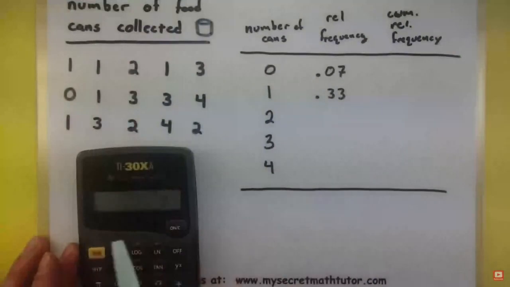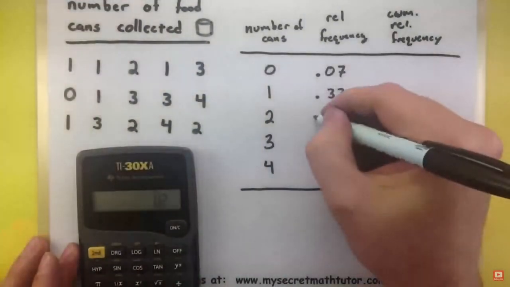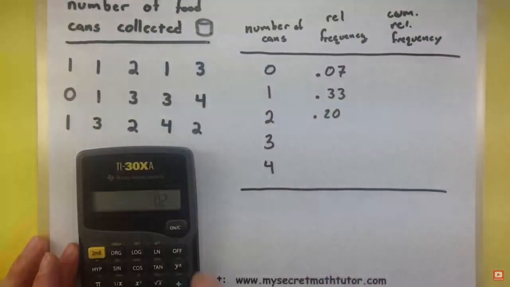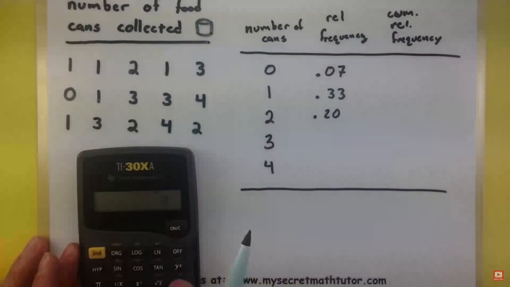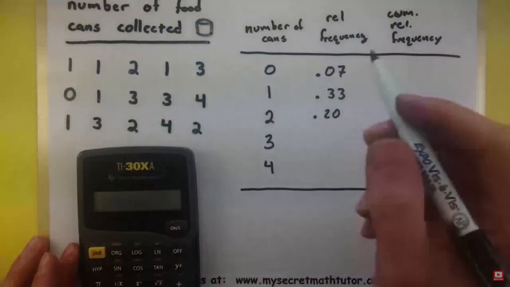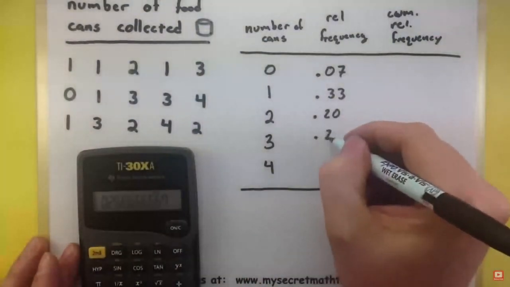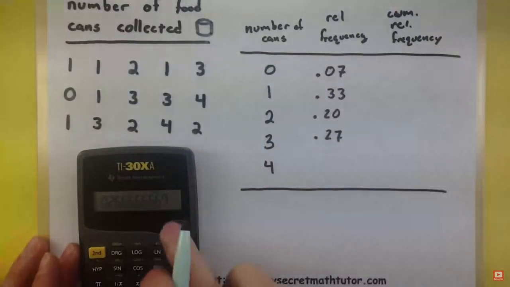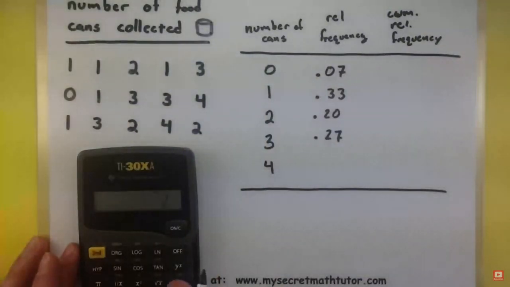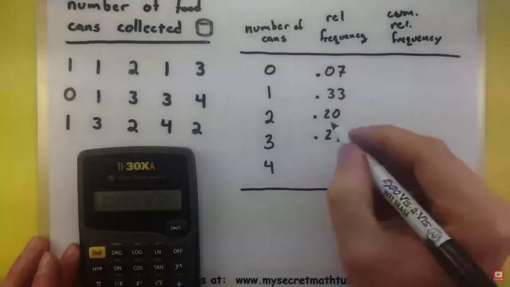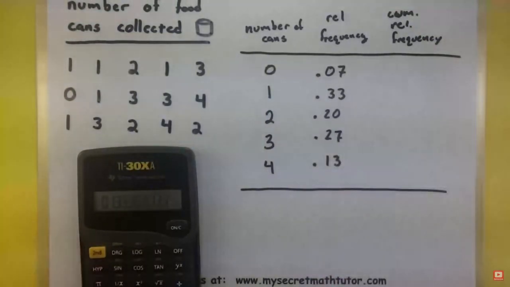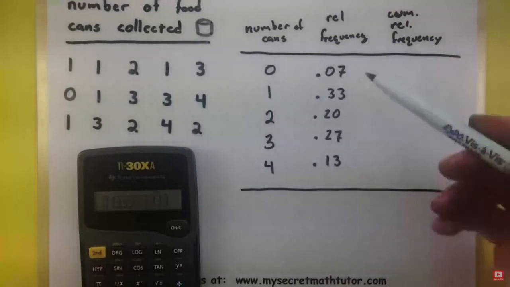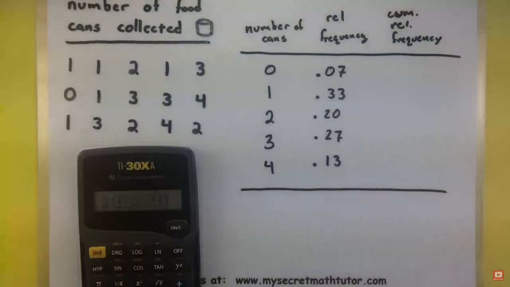Let's see, 1, 2, 3 twos, divide that by 15. 1, 2, 3, 4 threes. And it looks like just a couple of 4s. So 2 divided by 15. If you need help with this, check out my other video on building a relative frequency.